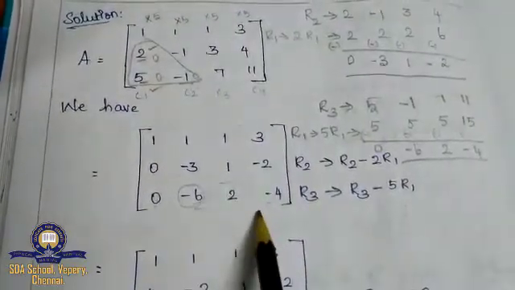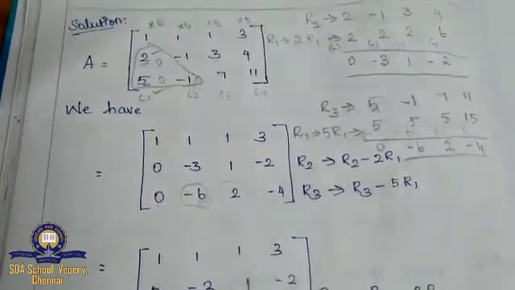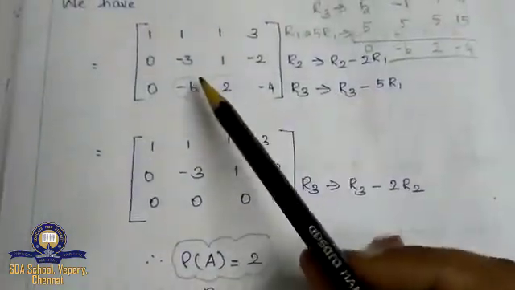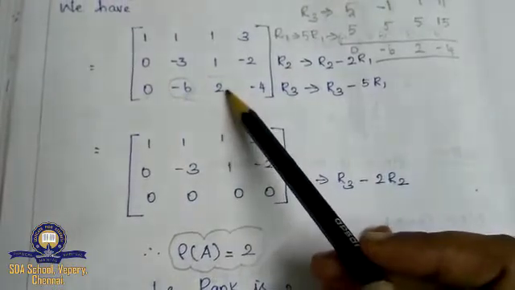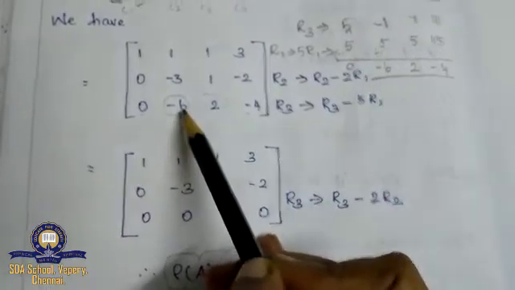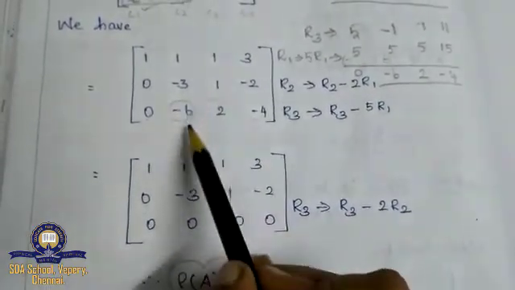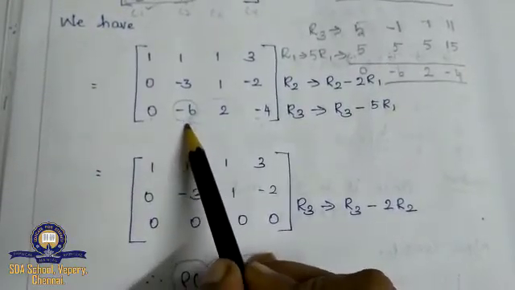So what is my lower value here? Minus 6, 2 and minus 4. Now see, this is the greater number. Here it is 6, here it is 3. So you have to make this part 0.